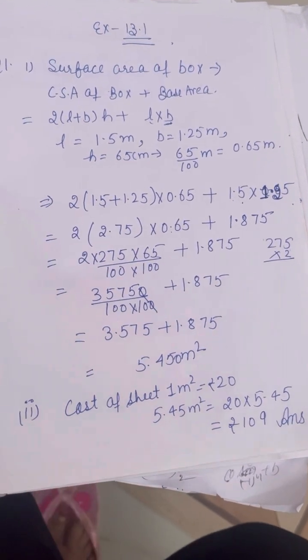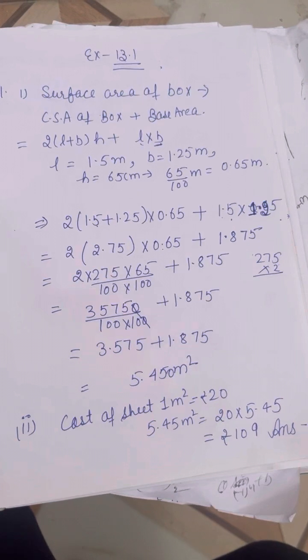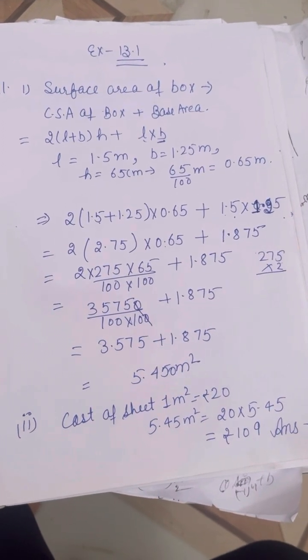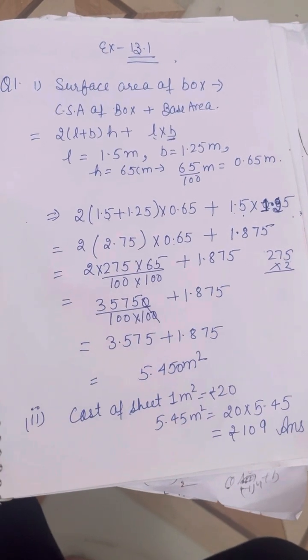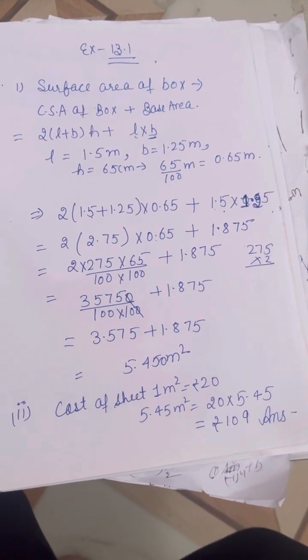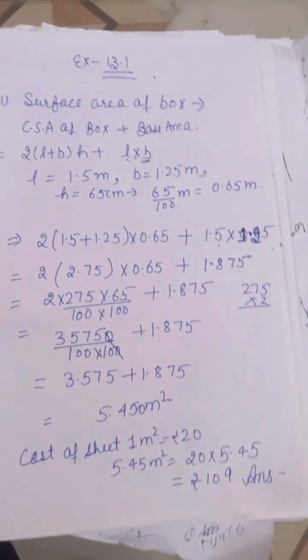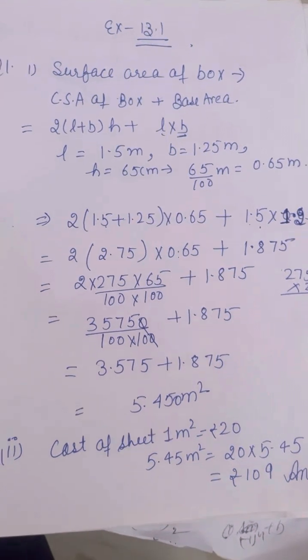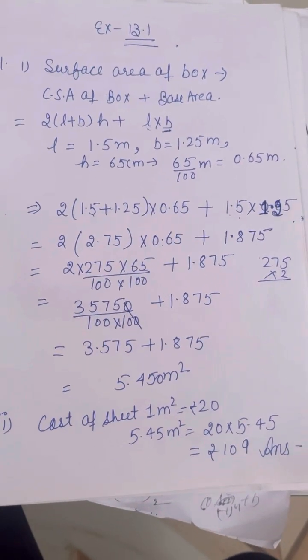The top area we will not take, so that's why it is 2 into (1.5 plus 1.25) into 0.65 plus 1.5 into 1.25. 1.5 plus 1.25 is 2.75, so 2 into 2.75 into 0.65 plus 1.875, which comes after multiplying 1.5 into 1.25.